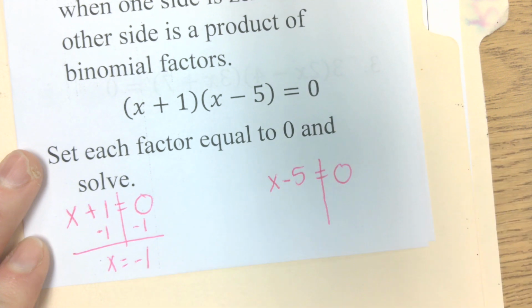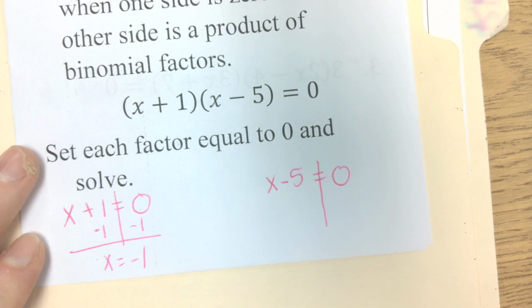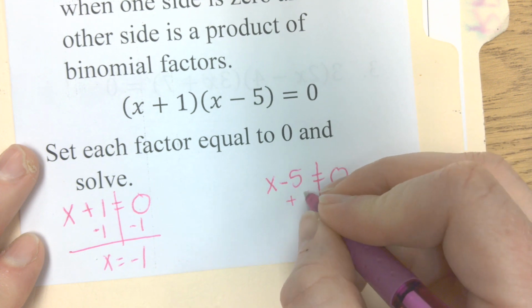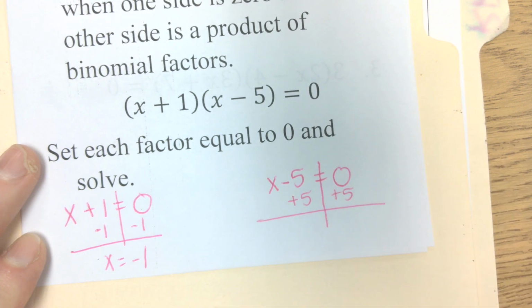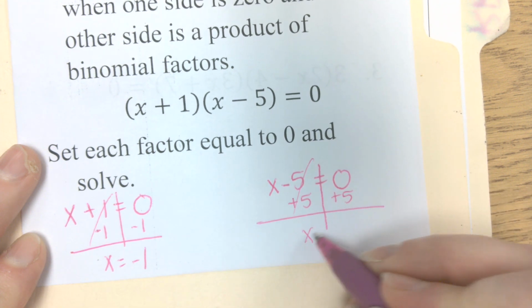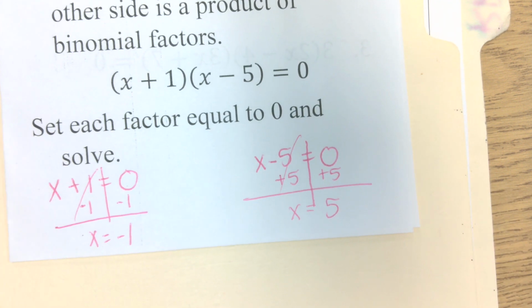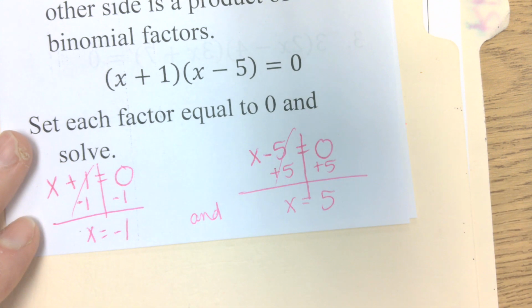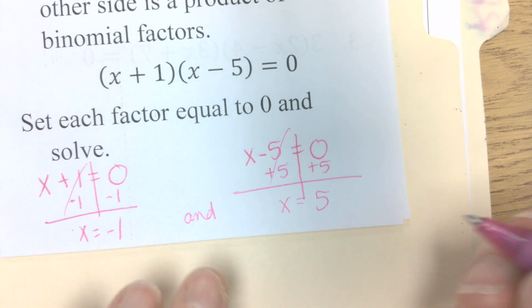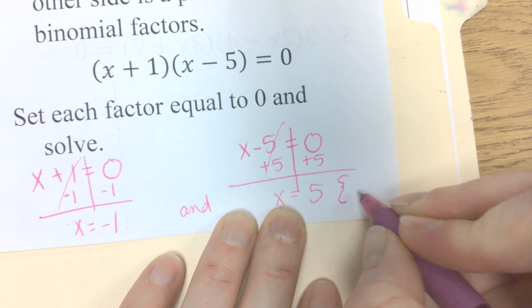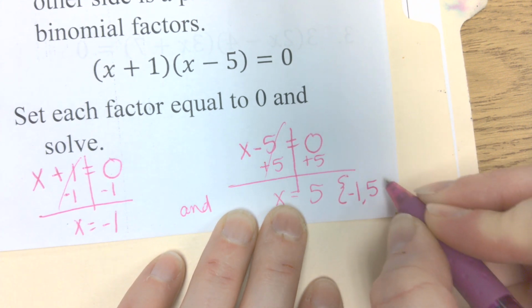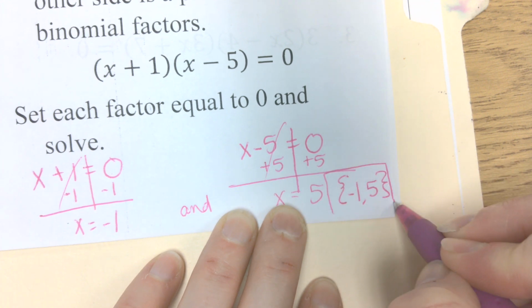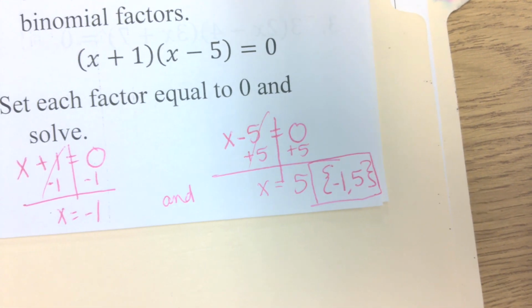And then this other one, solve x minus 5 equals 0 by doing the inverse operations. So we're going to say x equals -1 and x equals 5. So this one has two solutions. You're going to write those solutions in the little squiggly braces, so it's going to be -1, 5, and put a box around it. So that is our solution.